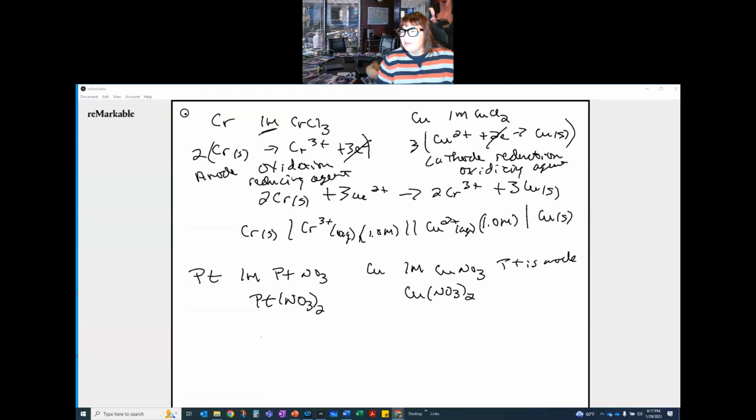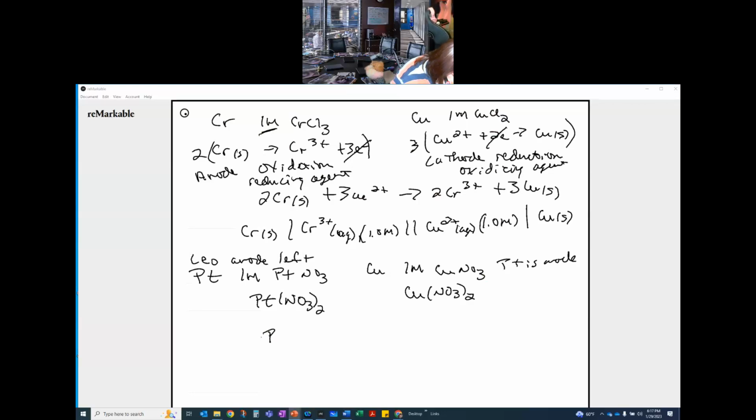So I'm going to go there. Assume platinum is the anode, so this is going to be my anode. So electrons oxidize at the anode. It's going to be on the left. Cool. That's my overall cell notation.